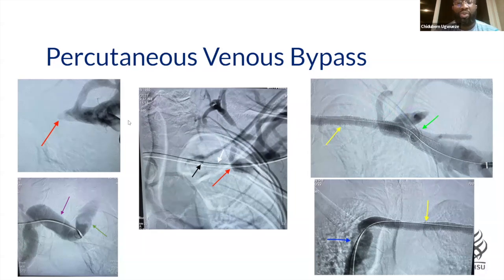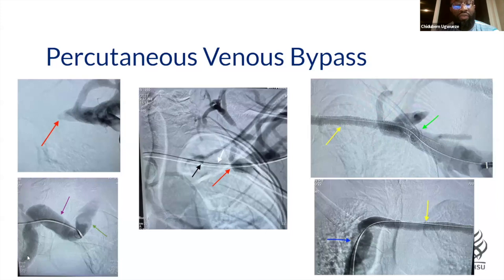You advance your catheter centrally. You get access from the contralateral arm or from the lower extremity into the proximal landing zone of your bypass. In this case, this large vessel here was actually a large left chest wall and neck collateral.